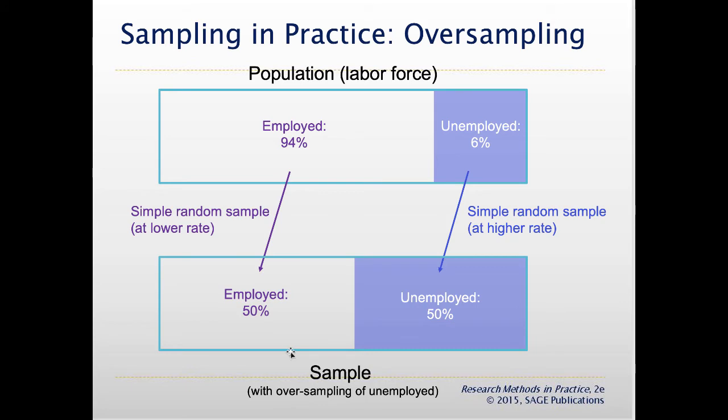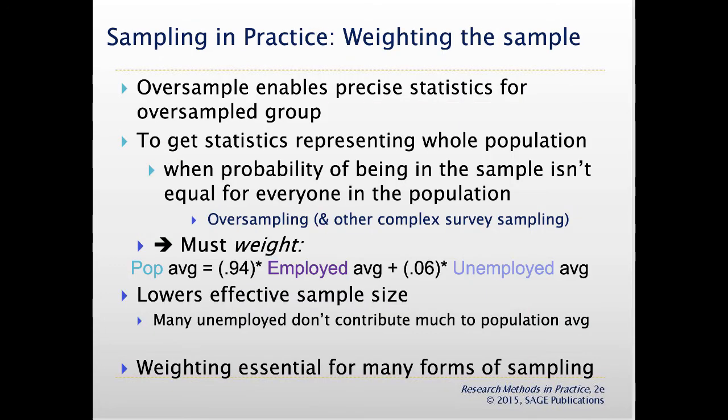Oversampling is often used if you want to find out about minority groups of any kind. You'll oversample. But if you do that kind of oversampling, and you also want to know about the population as a whole, you have to weight the sample. So to get statistics representing the whole population, you need to weight.